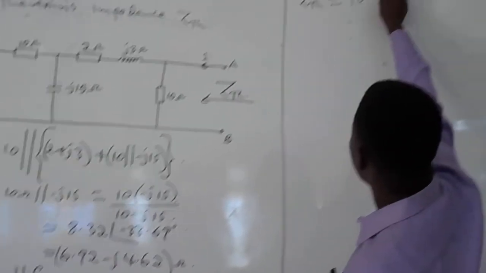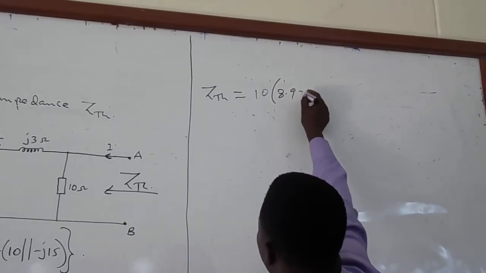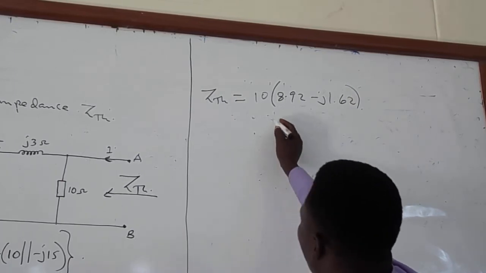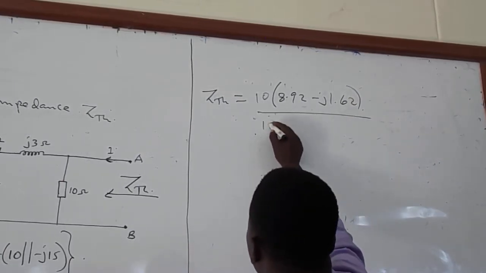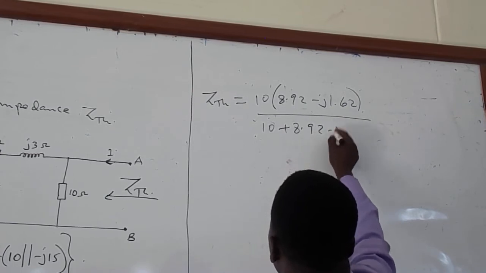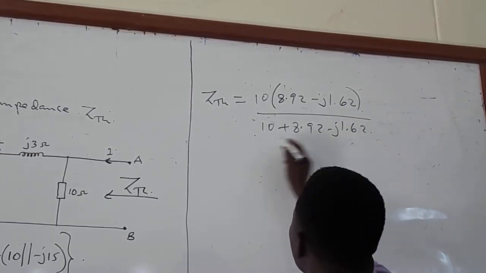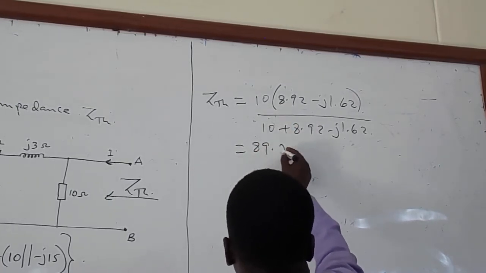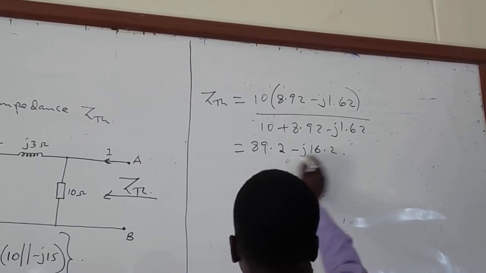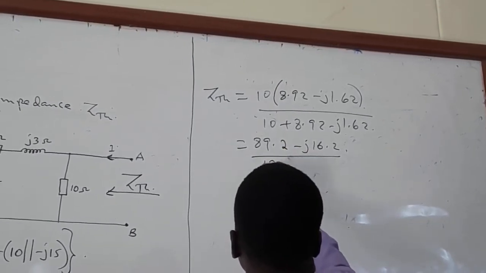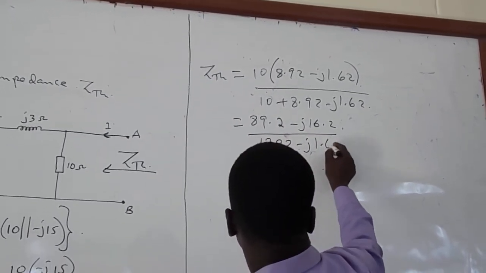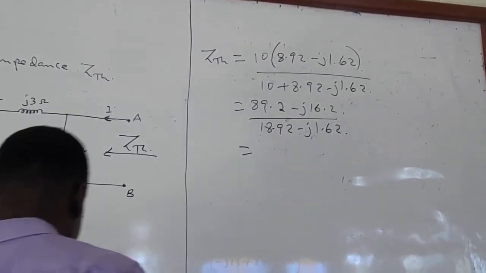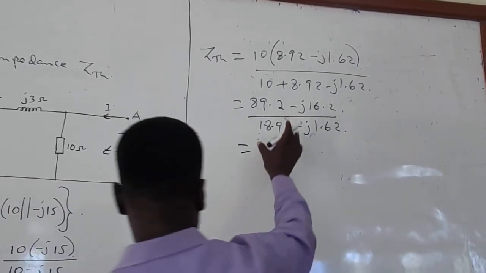That is 10 ohms times 8.92 minus J1.62, all over the sum, and the sum will be 10 plus 8.92 minus J1.62. So this will give me 89.2 minus J16.2 all over 18.92 minus J1.62.